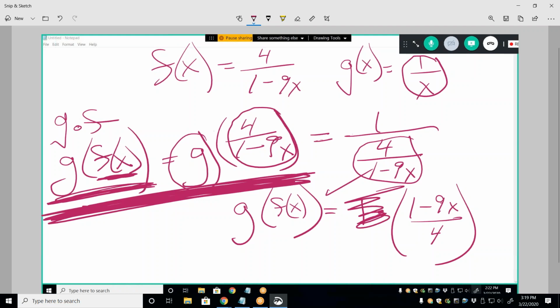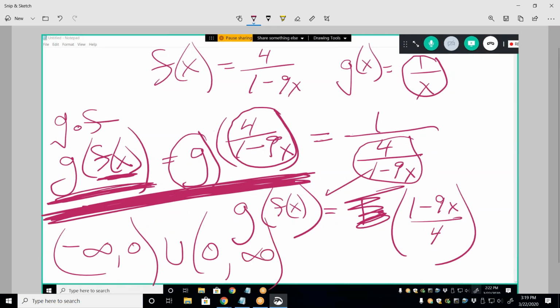The problem is that in the last one, they did not use the restrictions of both of the underlying functions. They used the restriction of only one of them, the 0. So I'll bet this is an answer: lower left, all real numbers except 0.